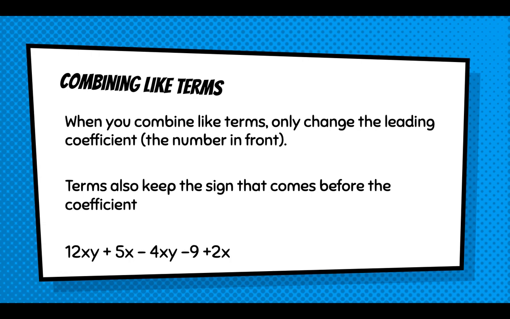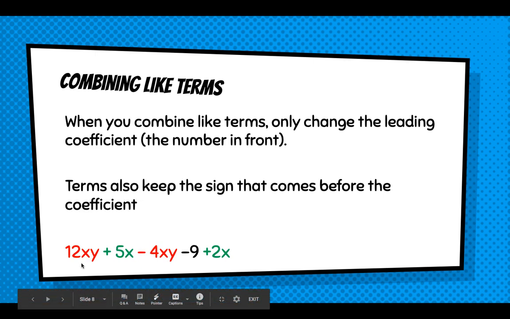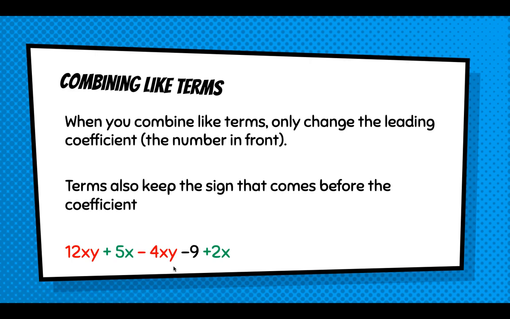When you combine like terms, we're going to use the variables and exponents to help us identify which pieces are like terms. So here you can see this problem, I've separated them out with colors. So I have 12xy and the negative 4xy are like terms because they have the same variables and exponents. Same with our 5x and 2x.